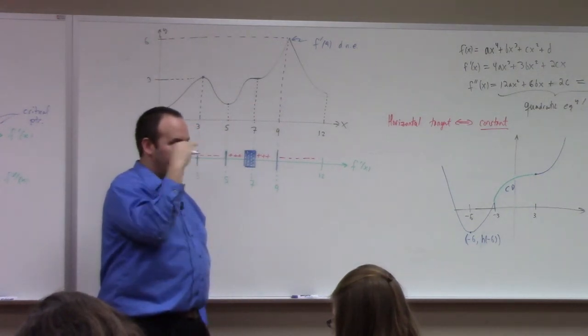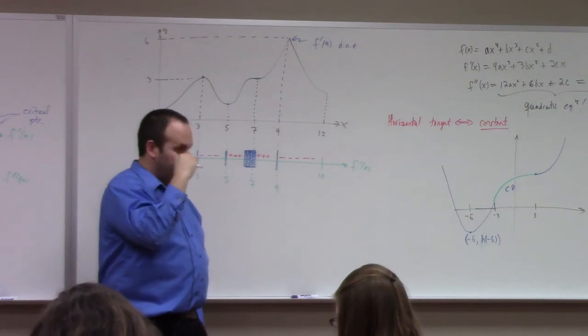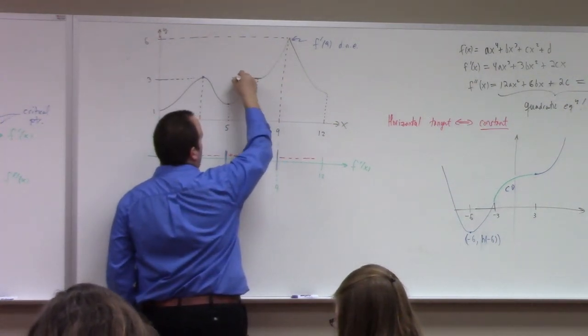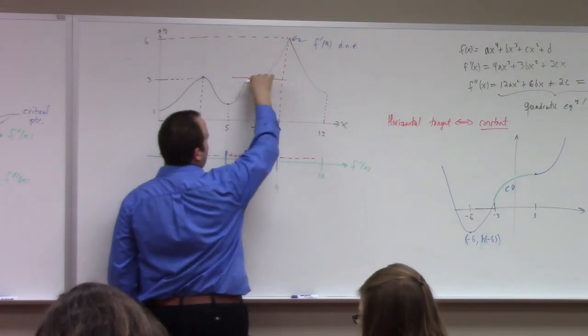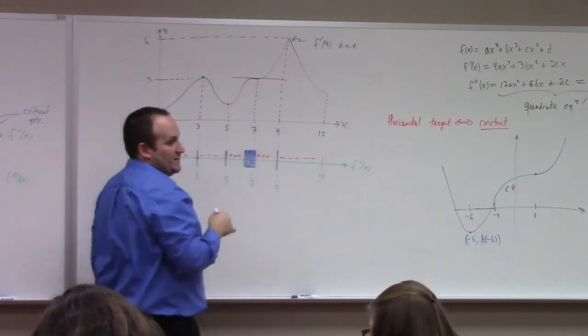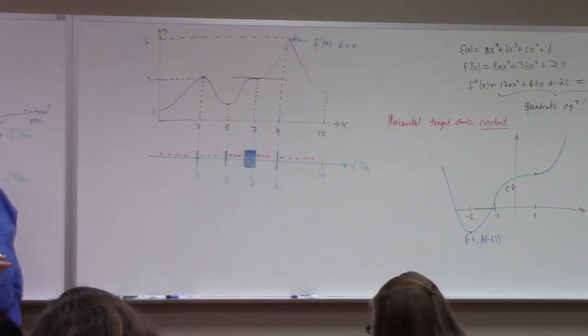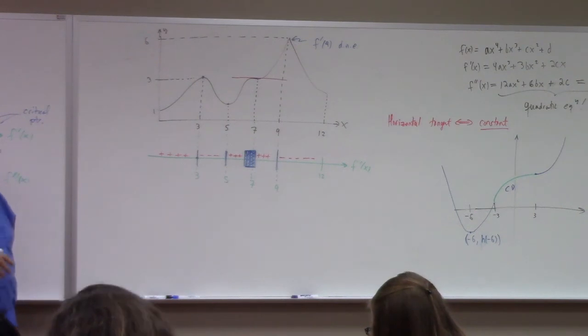The function is its own tangent line right there. The tangent line has slope 0, but it's a horizontal tangent. But in terms of the language I introduced to start with, I said it was constant.